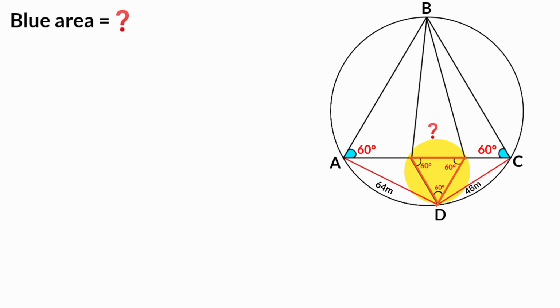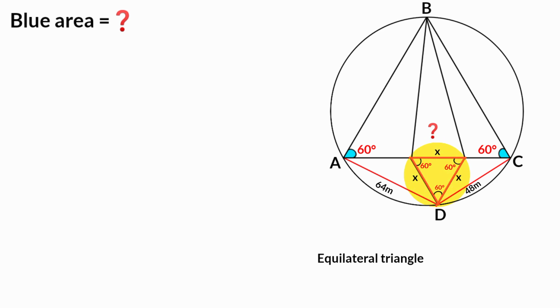That means the triangle is an equilateral triangle. An equilateral triangle is a type of triangle which has all three of its sides equal in length. That is, this side, this and this are equal in length. So if you assume the length of this side to be x, this side and this must also be x.